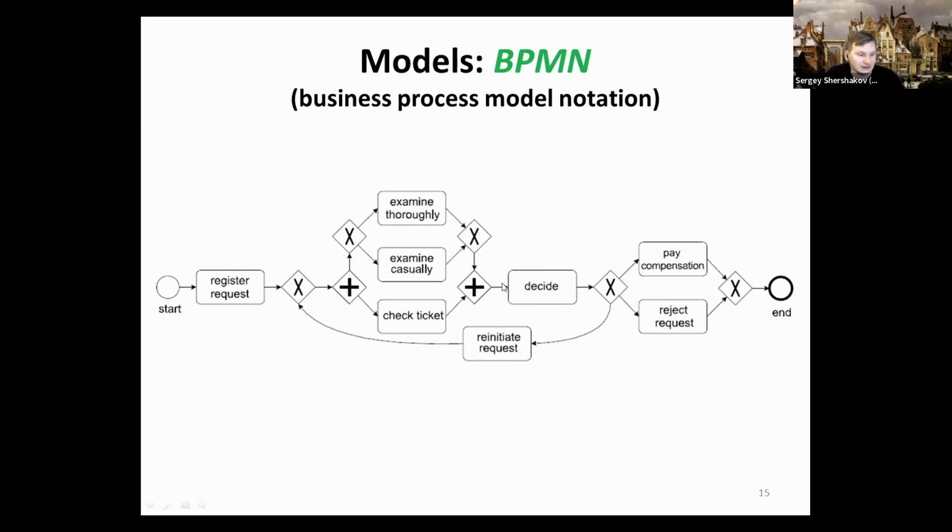Again, it's expressive, and it also can be quite precise, quite accurate, which is important for modeling. It's quite easy to show that sometimes a process can face some unnecessary cases called livelocks, deadlocks.